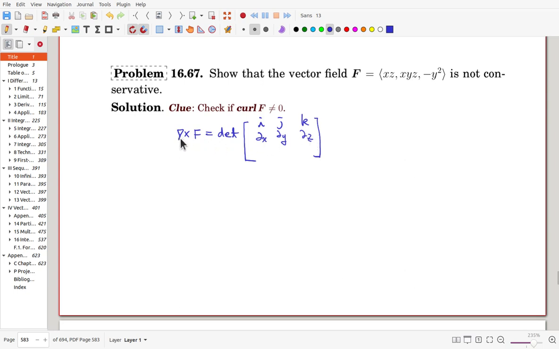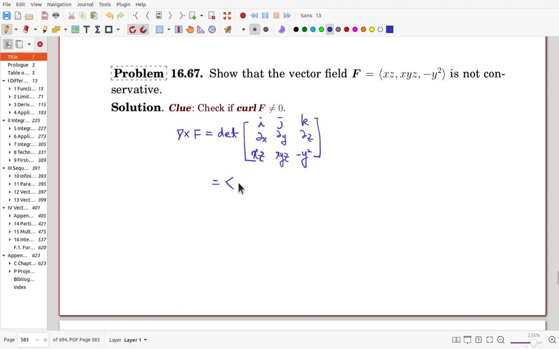That is the first vector, and the second one is xz and xyz, and the final component is minus y squared. Okay, for i, we eliminate the row and column of i and apply the derivatives here.